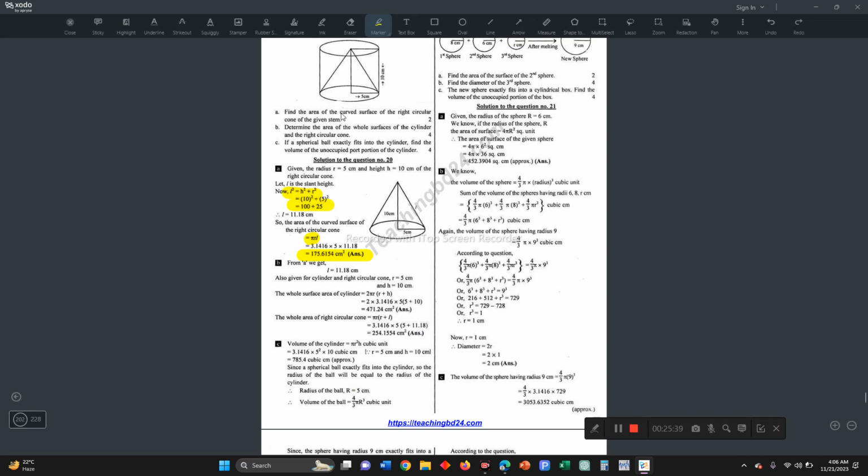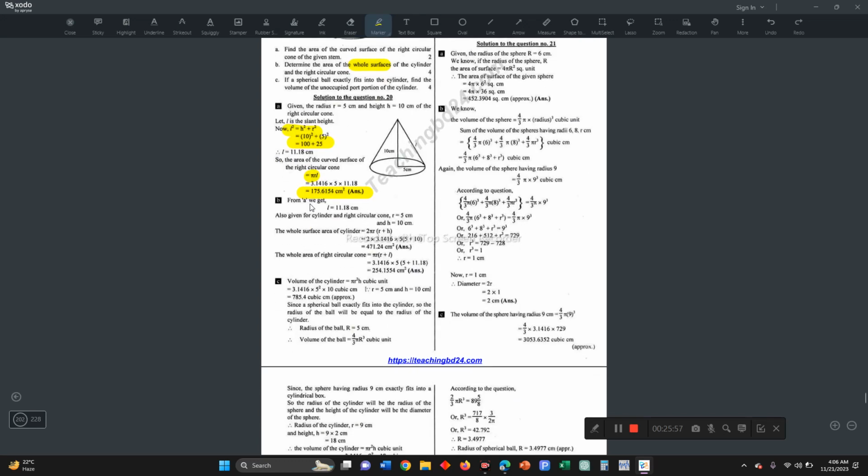At first, we have determined the curved surface. Now we have to determine the area of the whole surface, both for the cylinder and the right circular cone. We have practiced much more the whole surface area for the cylinder, but we didn't practice it for the right circular cone. Okay, the whole surface area for the cylinder is equal to 2 pi r into r plus h.